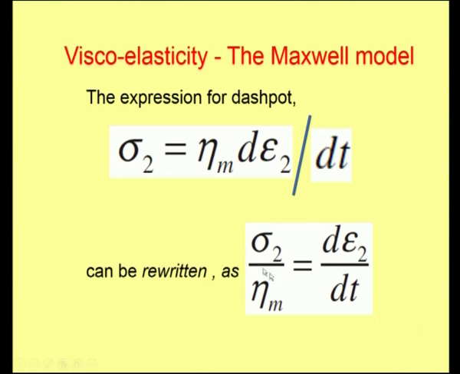Similarly, for the dashpot, only a rearrangement is required: the ratio of the stress applied to the dashpot, σ2, to the viscosity of the fluid contained in the dashpot is simply equal to the strain rate experienced by the dashpot.